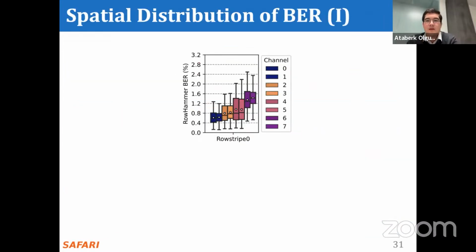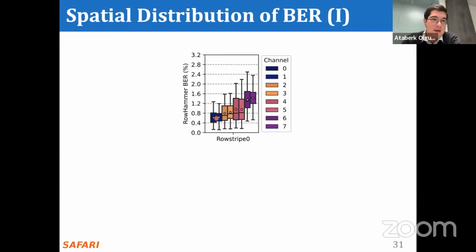This figure depicts the RowHammer bit error rate distribution across all tested rows on the y-axis and the data patterns that we use on the x-axis. And different bars here show the distribution of bit error rate in different HBM2 DRAM channels. So just to explain this a bit further, there are multiple points that this box is encapsulating.